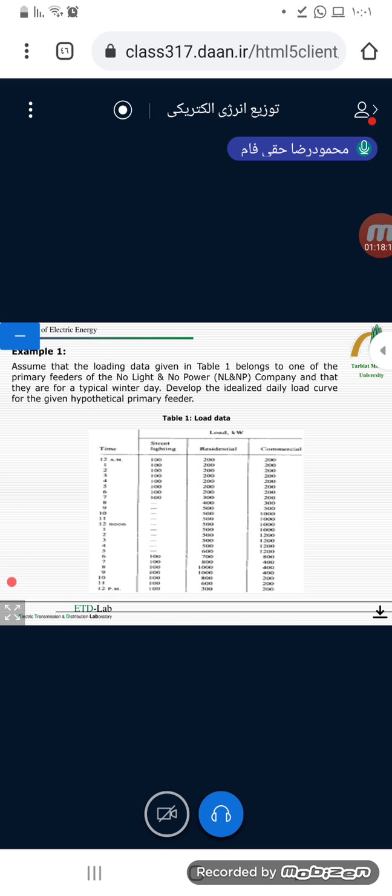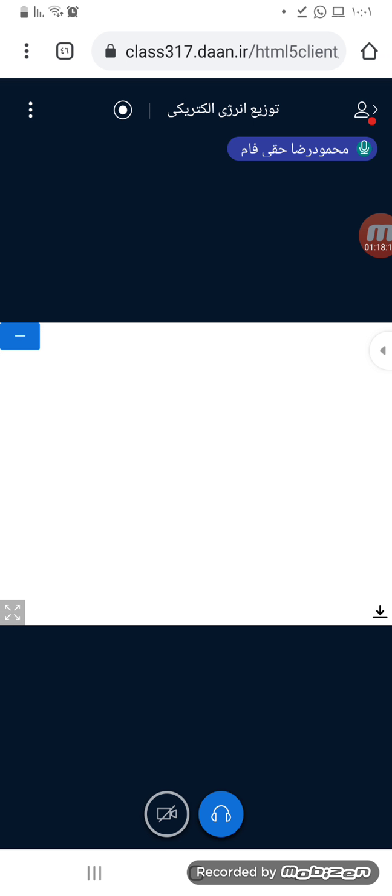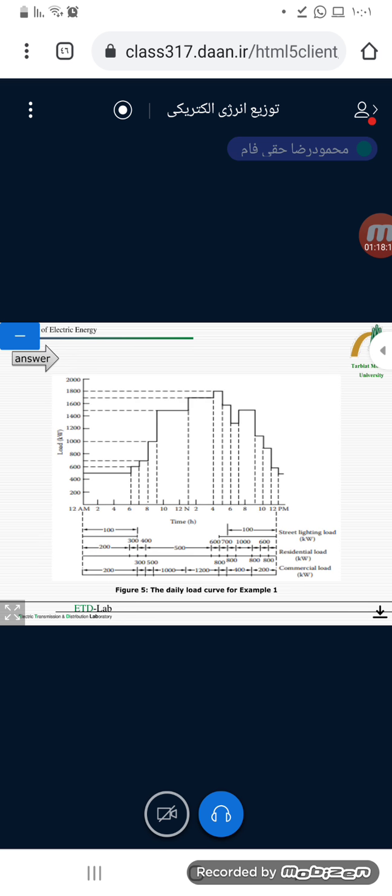For this load, please see the demand or load in the primary feeder shown here. Please see.